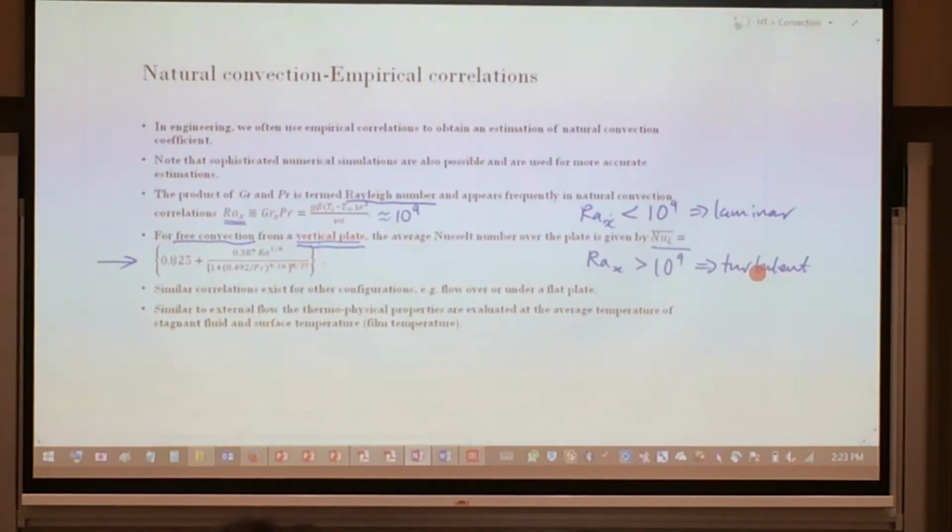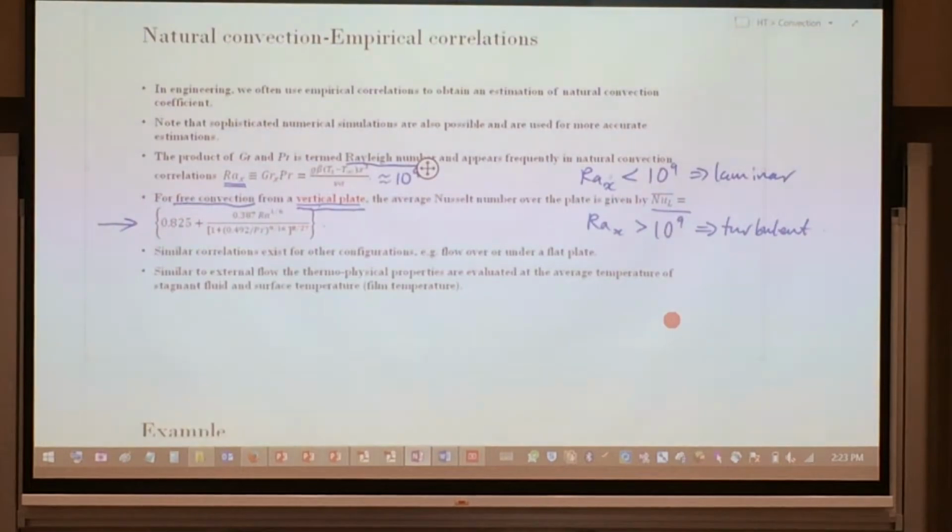More than that, it's turbulent. And this is specifically for, again, free convection, for natural convection, and for a vertical plate. Other orientations, the textbook will give you a whole list of the Nusselt number expressions. So for now, this is the one that's only relevant in this module.